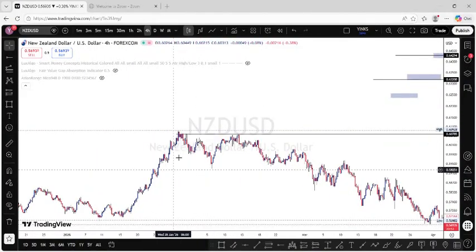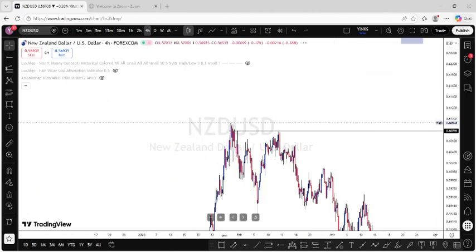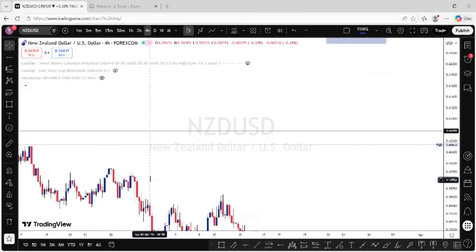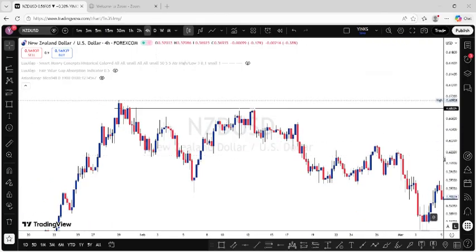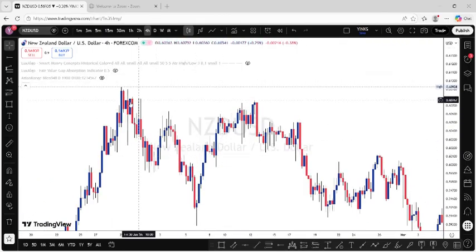You can see clearly, has price tested this level before? Yes. When price moved higher to this resistance level, we have a drop all the way to this point, right? You can see the candle close. Let me increase it. Good. Now, right here, you can see the candle close levels, right?